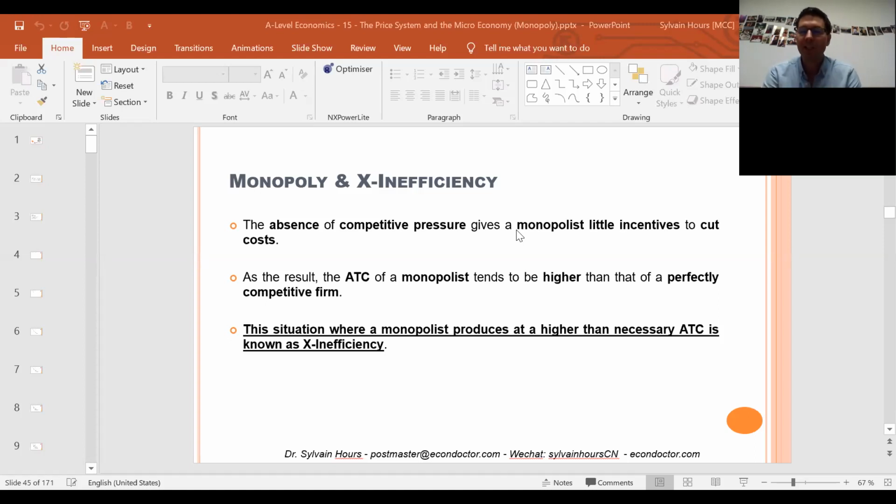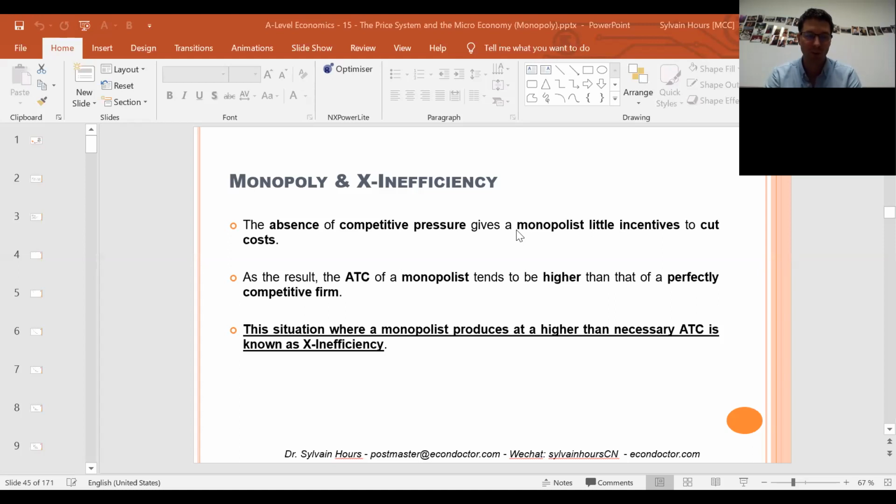Today, we will finish this topic on monopoly. There are basically 2 things that we have to do. We have to talk about the advantages and disadvantages of a monopoly market. In particular, we will talk about X-inefficiency. We'll talk about economies of scale, and we will spend some time to investigate one particular type of monopoly that we call natural monopoly, and that is related to the existence of economies of scale.